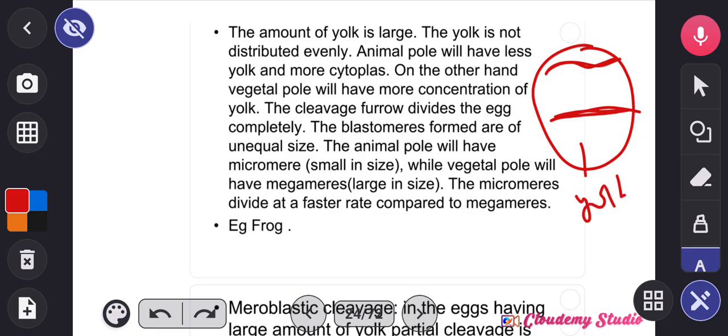You understand? So the cleavage furrows divide the egg completely, but the cells are of unequal size, and that is what we refer to as holoblastic unequal cleavage. That is what happens in amphibians, for example frogs.